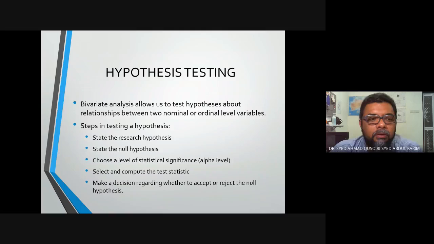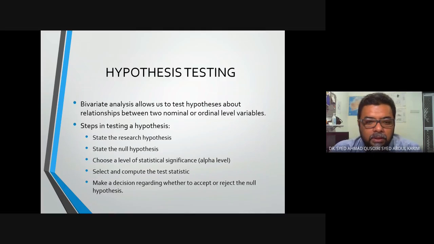Bivariate analysis allows us to test hypotheses about a relationship between two nominal or ordinal level variables, the first two levels. So, steps in testing a hypothesis. State the research hypothesis.